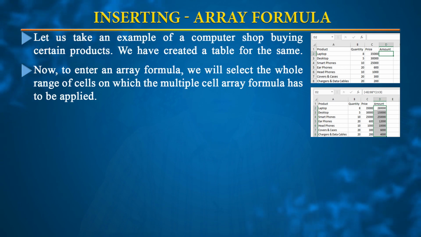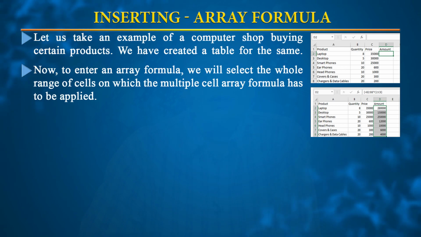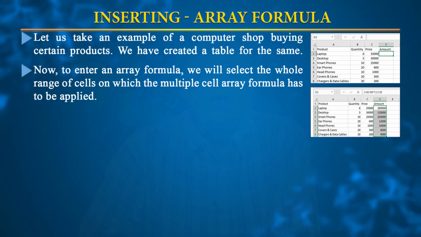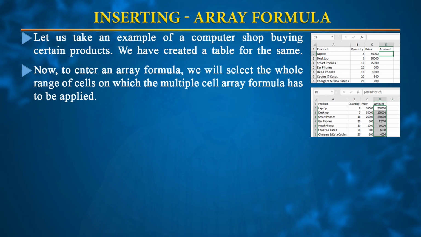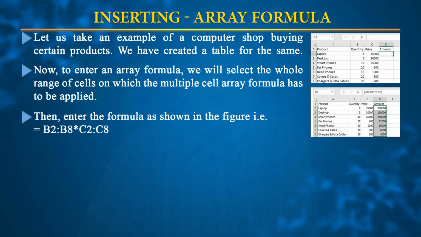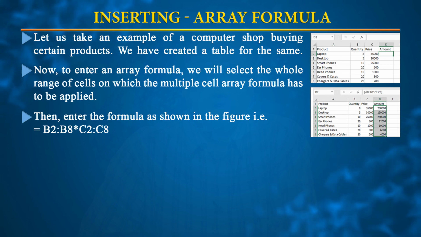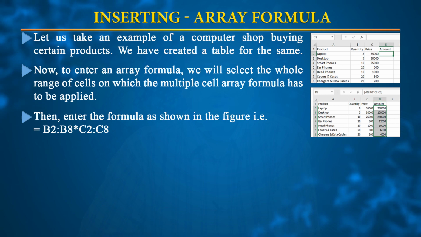So one mechanism is that say in column B we have the quantity, and in column C we have the price for laptop, desktop, smartphones, earphones, headphones and other things. Now one mechanism is that in cell D2 you type equal to B2 colon B8 into C2 colon C8.